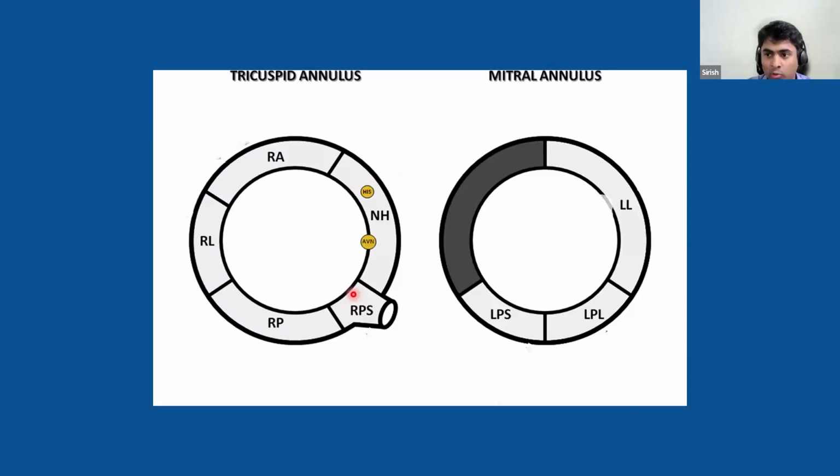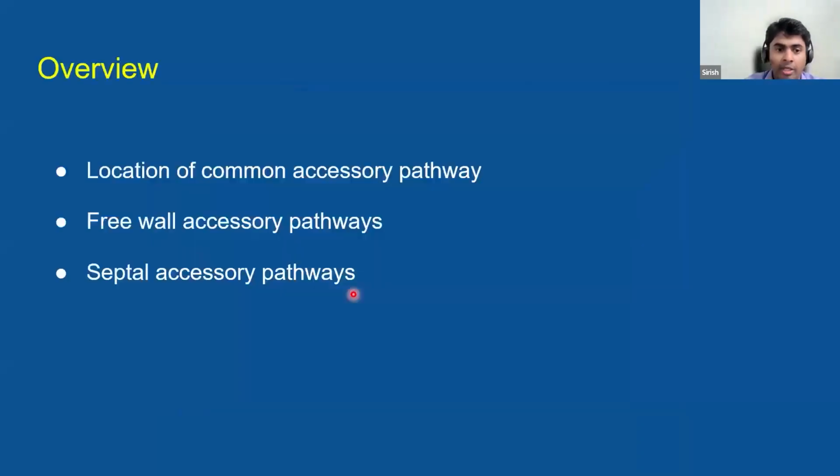What I'll try to do today is to get into more details, to have a more solid anatomical foundation to understand the electrophysiological principles of accessory pathways. For those who are going to pursue a career in electrophysiology, this is absolutely important. For those who are not going to do that, probably it's not very critical, but still it's good to know.